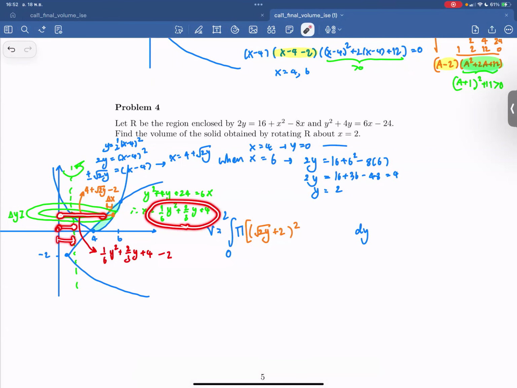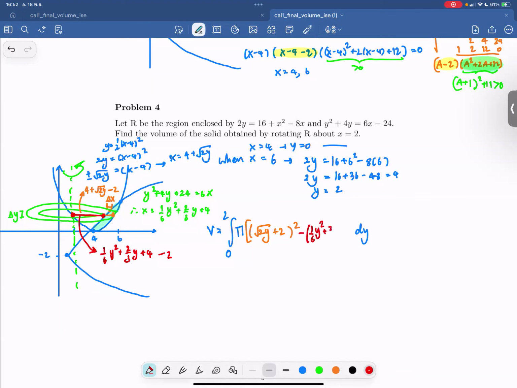So finally, we get the inner term as 1 over 6 y squared plus 2 over 3 y plus 2, and then square. I may leave the calculation as your exercise, and the answer is 716 pi over 315.